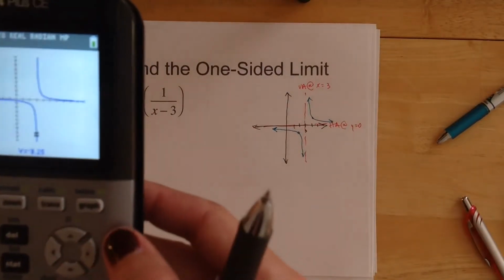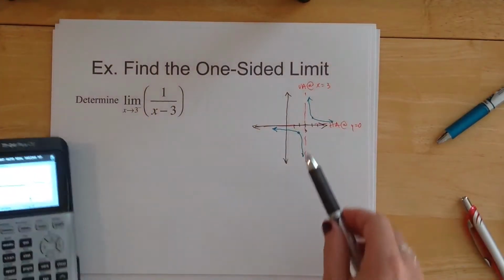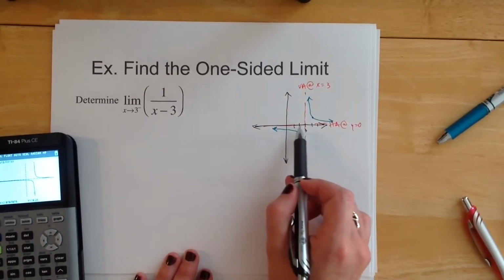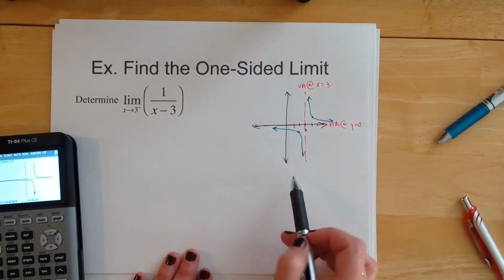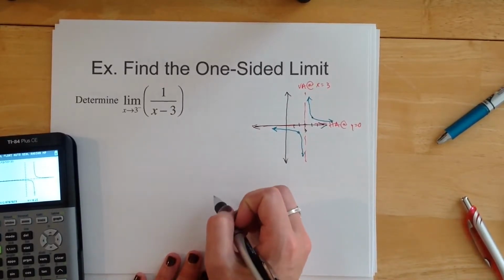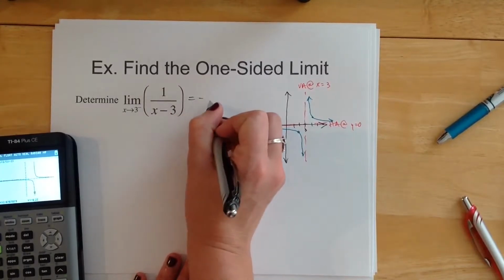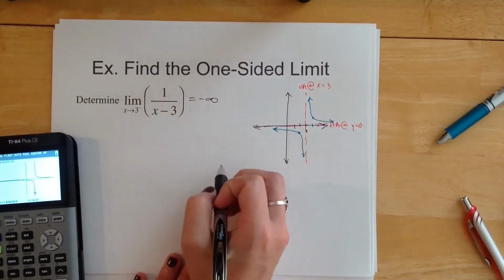It hops over because my window isn't large enough. You can see in my sketch graph, as x approaches 3, the y values are decreasing without bound. So we would say that the one-sided limit is equal to negative infinity.